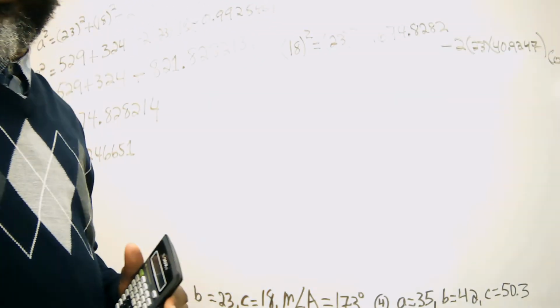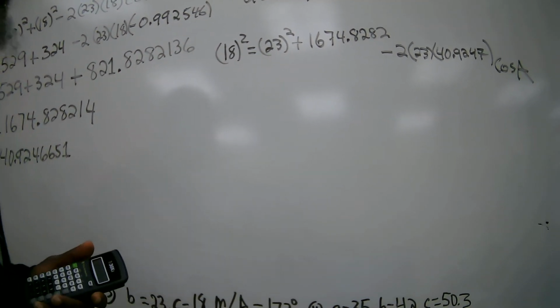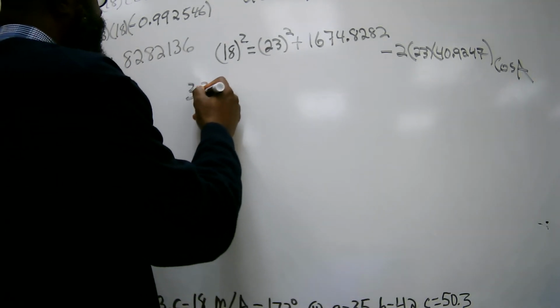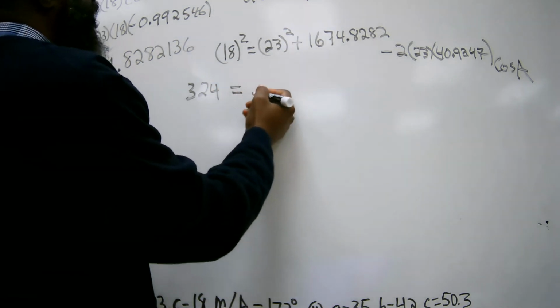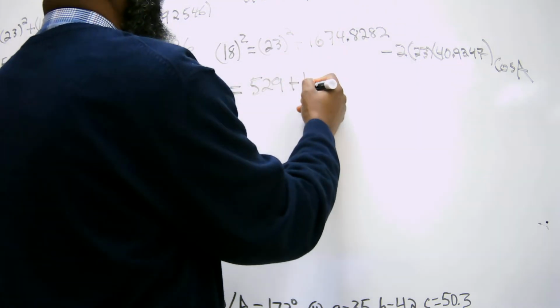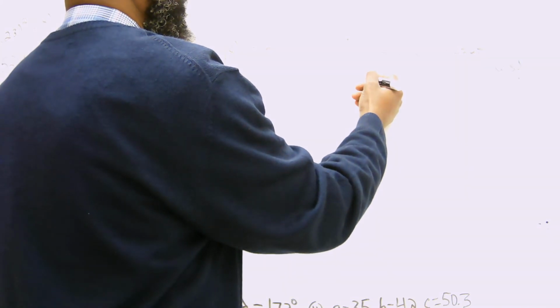Then that will be cos. I'm looking for angle A, cosine A. So be aware of that. Then this one that was 324 will equal 529 plus 1674.82. And those are going to be negative, so be aware of that.